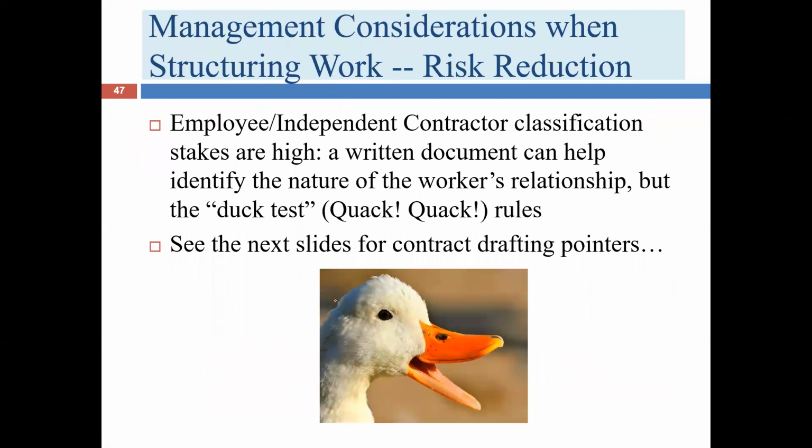So you're not going to be able to create documents that take what is really just a traditional employment relationship and make it into an independent contractor. The court's not going to buy it. These documents that support it being an independent contractor can move the arrow slightly. If you were in the gray area, remember our continuum from an earlier lecture, and you're in this gray area here, having some good documents that support the idea of independent contractor versus employee might move you from, say, here to here.